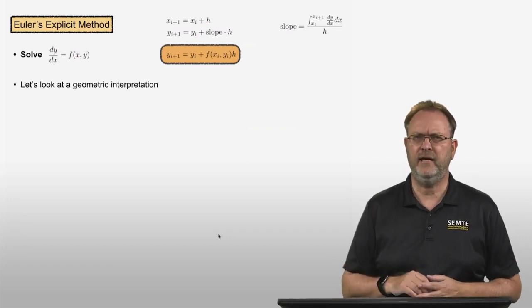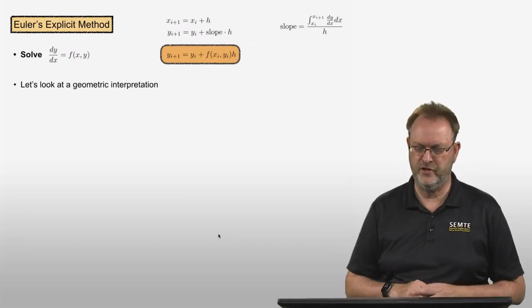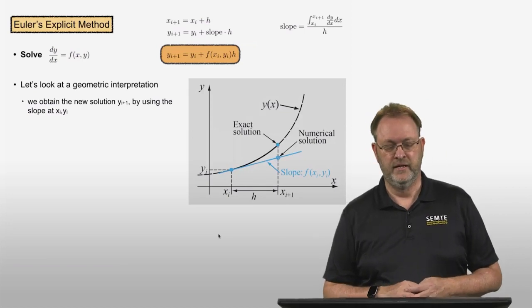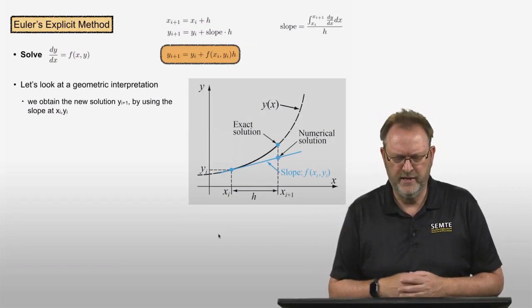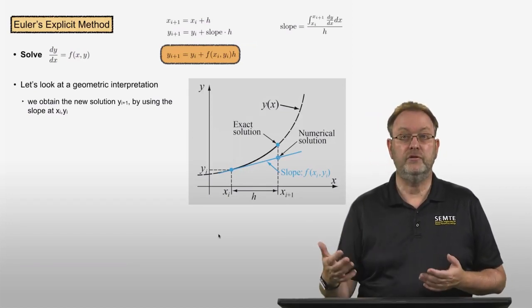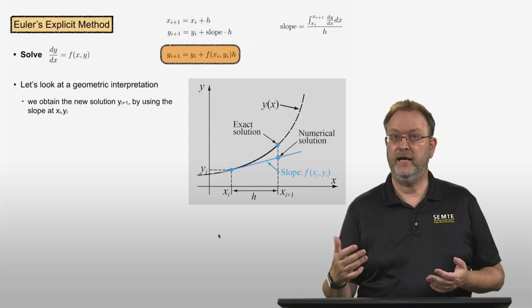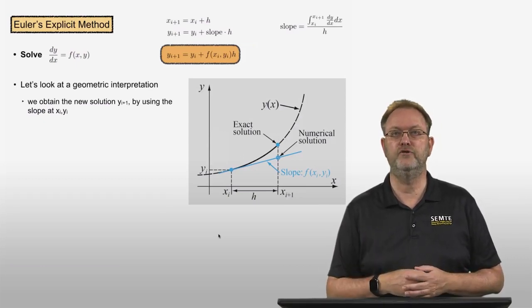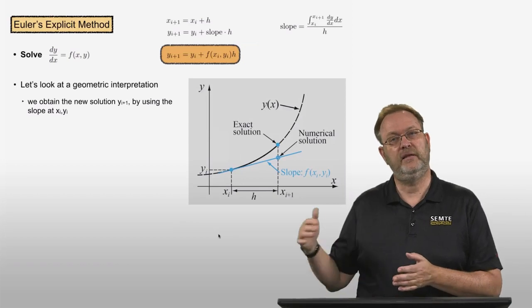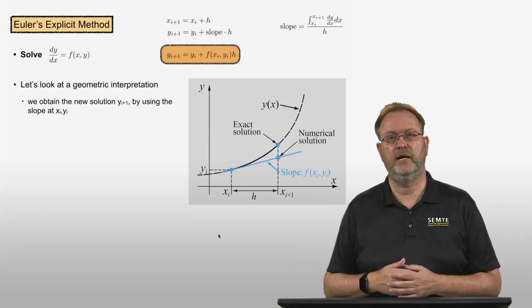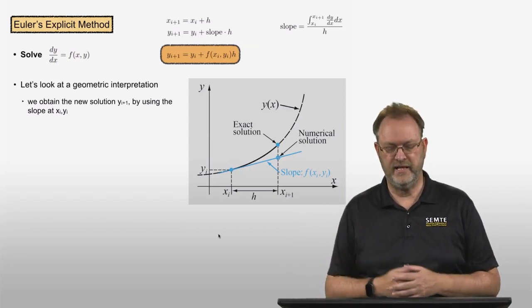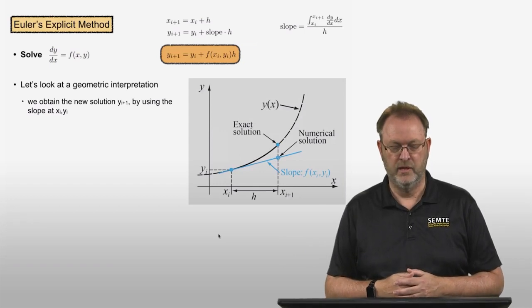Now let's look at a geometric interpretation of this. What does that geometrically mean? Well, it means that we have our solution at x_i and y_i, and we want to obtain the solution at the neighboring point x_i plus 1. We want to know what is the y_i plus 1.